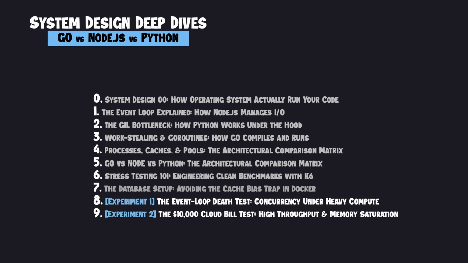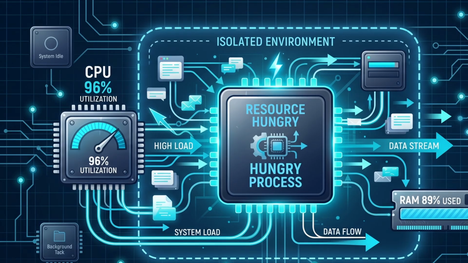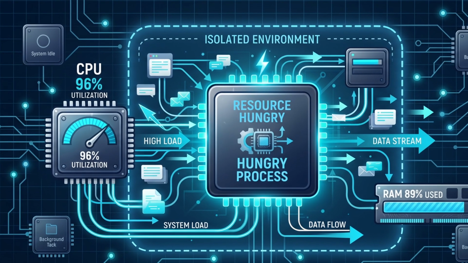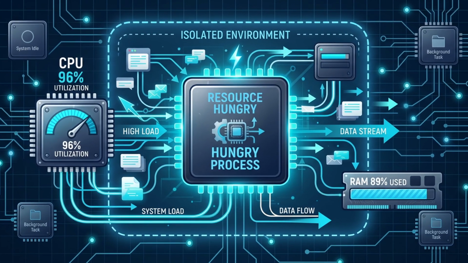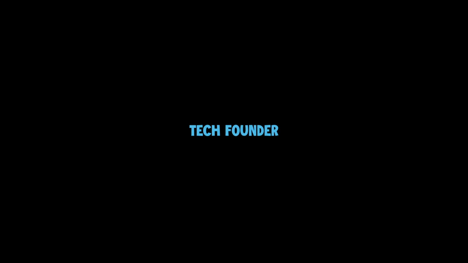We will strip away the abstractions and look under the hood of modern operating systems. By the end of this journey, whether you are a tech founder, a CTO protecting margins, a product manager managing reliability, or a developer aiming for a senior role, you will possess the mental models needed to confidently defend your architectural choices against any tech stack hype.